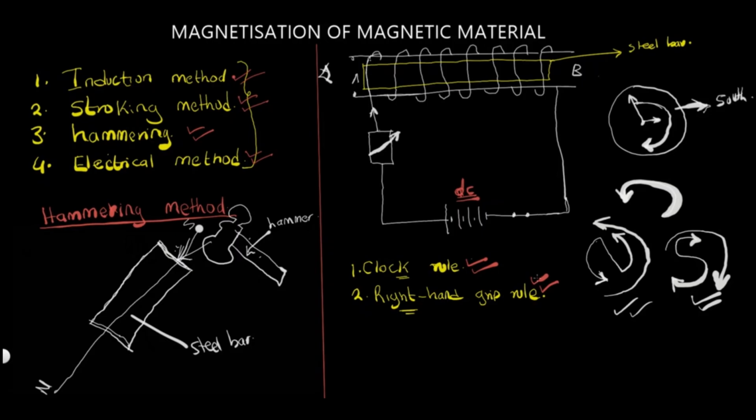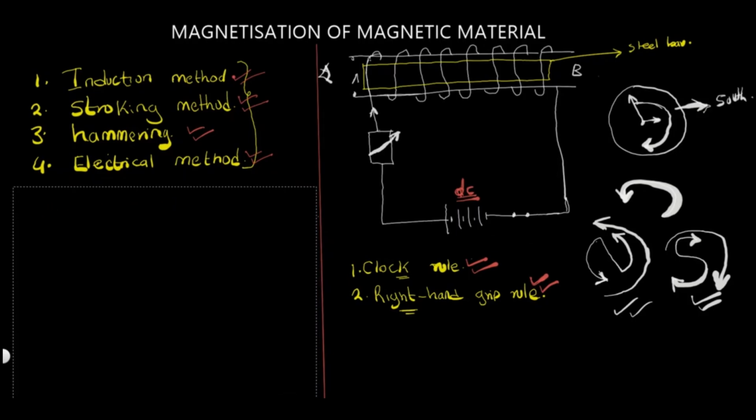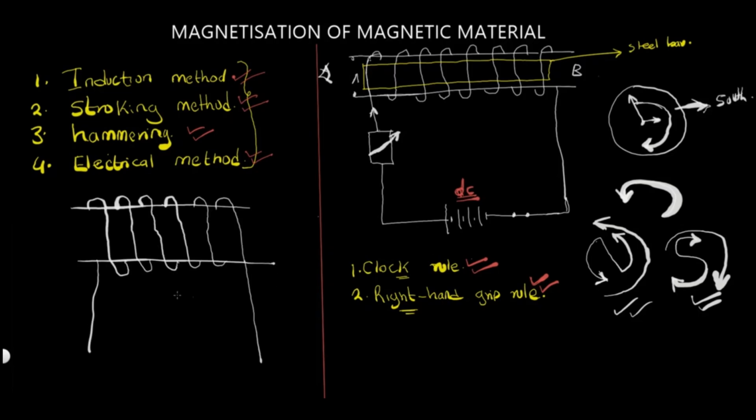Now let us look at how to know the polarity of this iron bar using the right hand grip rule. So let's say for example this is the solenoid and the current is flowing in this direction like this.